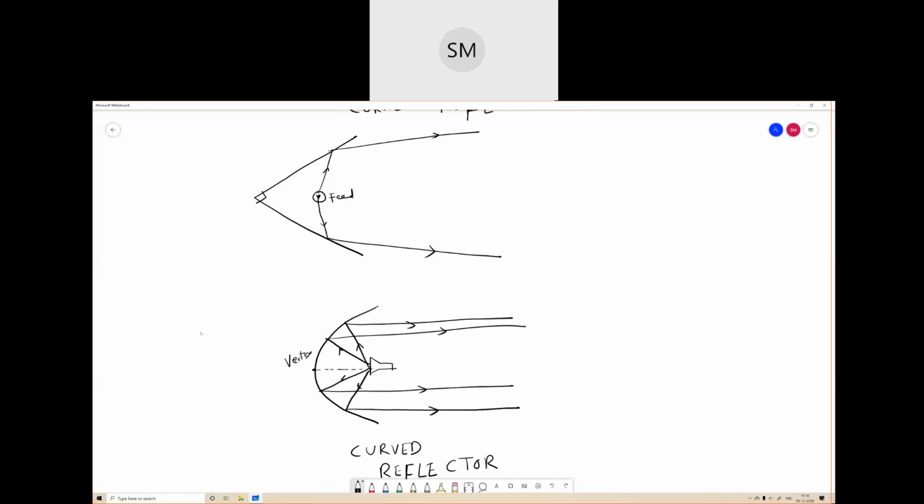At the same time, the same works if the signal is coming in, as a receiver antenna. You must have seen curved reflector antennas; they are very common.